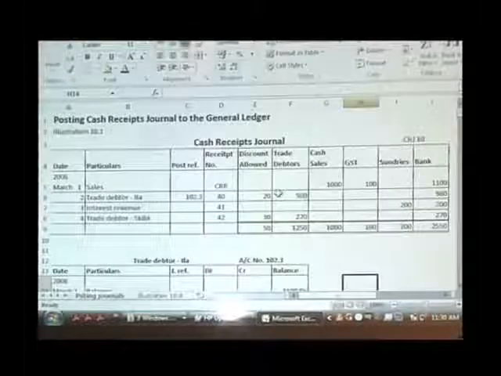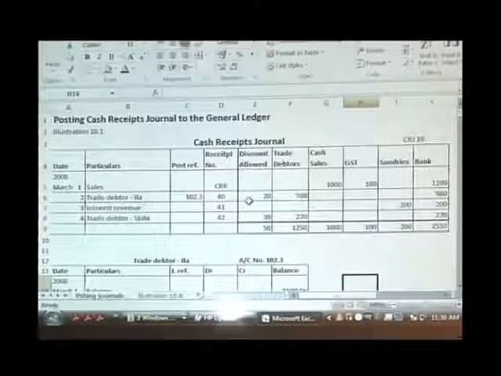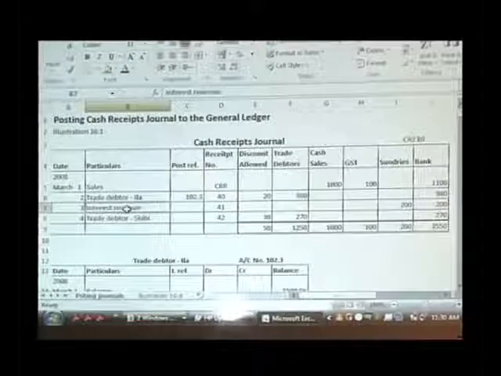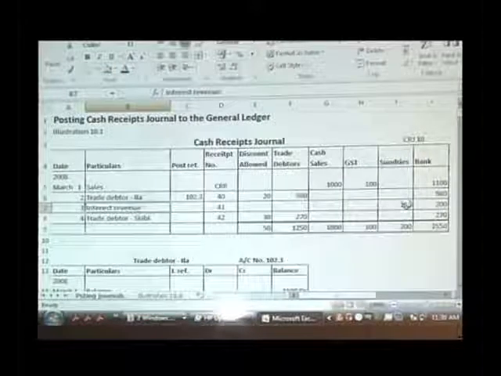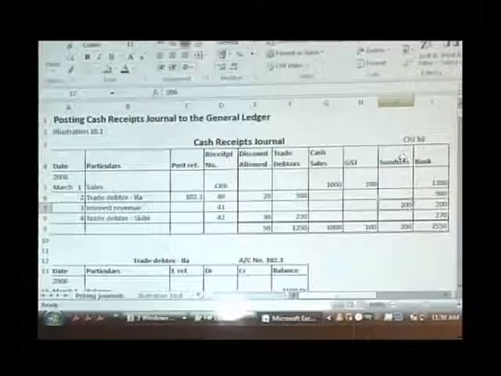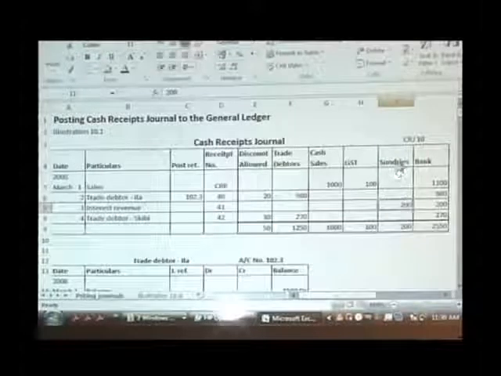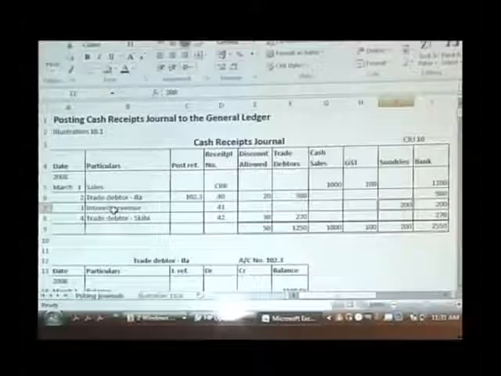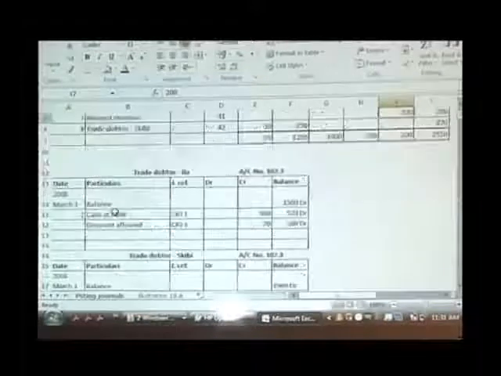Then the next item in the cash receipts journal is interest revenue. Interest revenue is recorded here in the sundries column. So sundries column items are posted individually. Therefore find the interest revenue account.